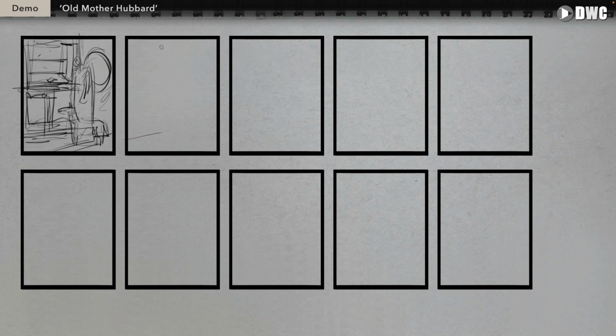She went to the cupboard and discovered it was bare. So this is them standing up with the L design. When I think of this scene, you go to the cupboard, you try to get food, and there's no food. That's pretty sad. So what I'm going to do is curve the figures.